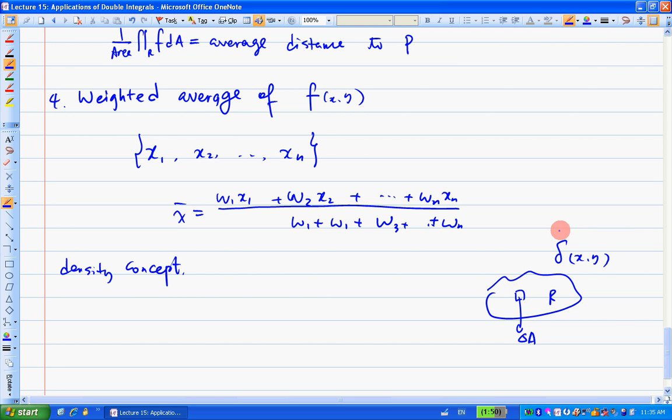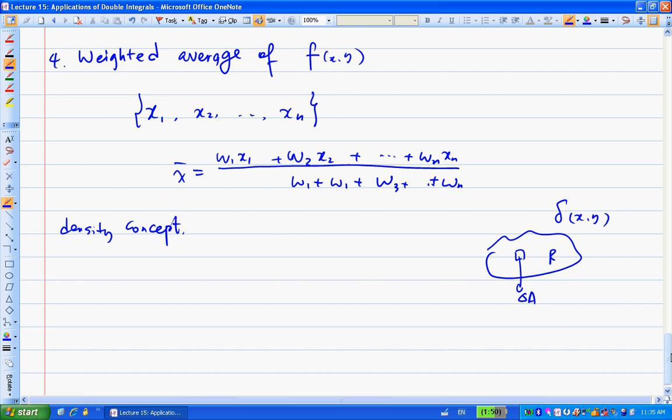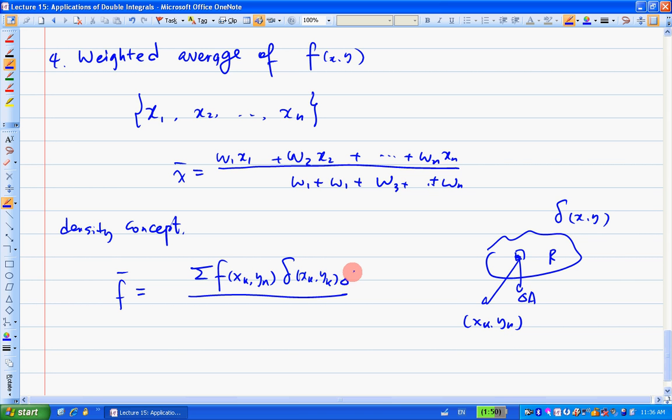We're going to think of this delta function as the weighting factor, which is the density. Now, to calculate the average, f becomes f(xk, yk), multiplied by delta(xk, yk) delta A.